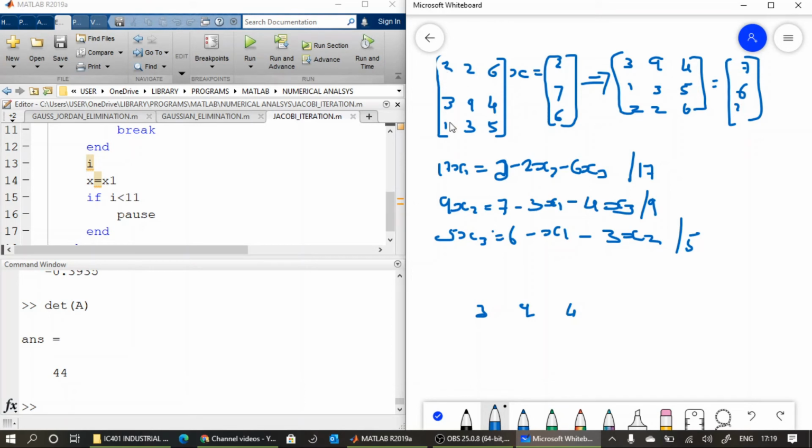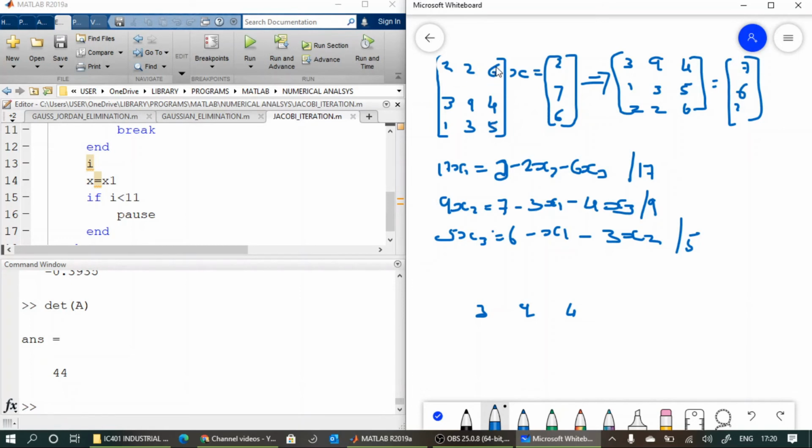Now compare the remaining rows. Which one is the best fit for the first one? You can see 2, 2, 6 and 1, 3, 5. If you select either as the first row, the corresponding row will not be diagonally dominant. But what about x3? If you select these two, both will be a best fit.